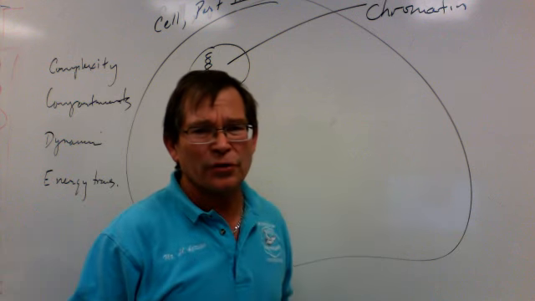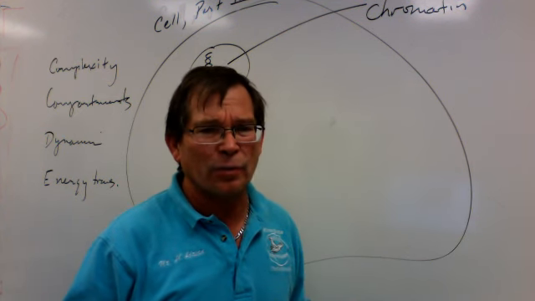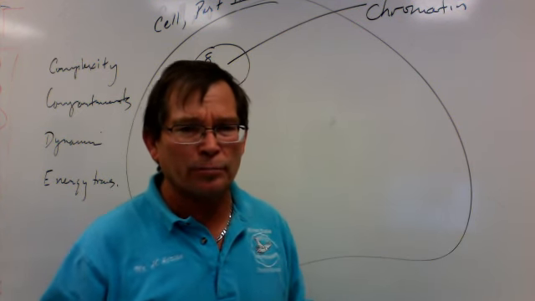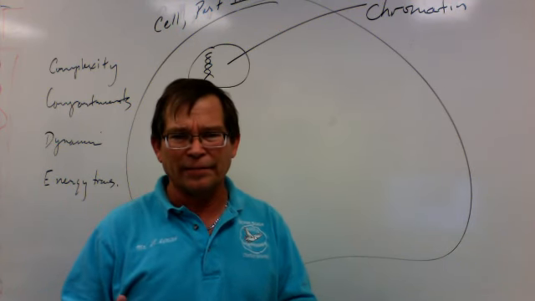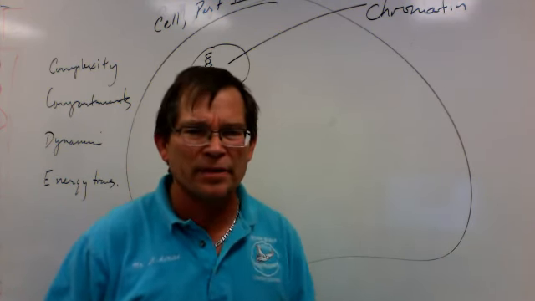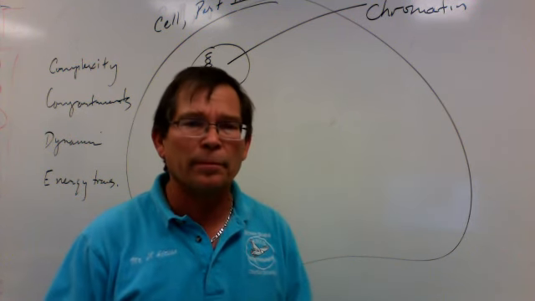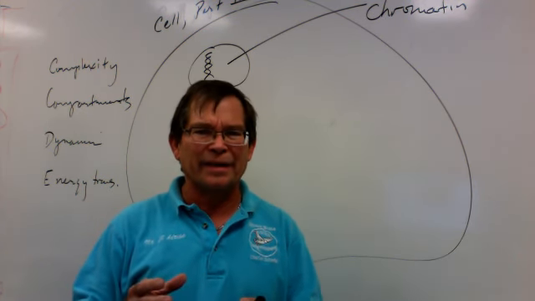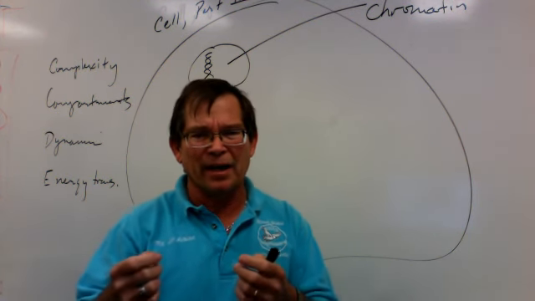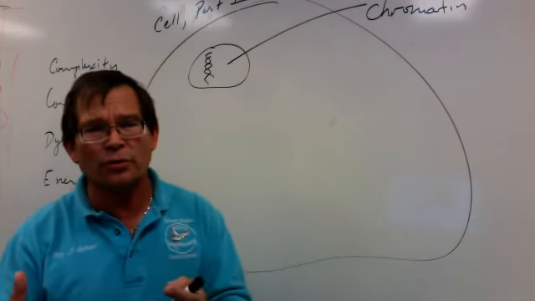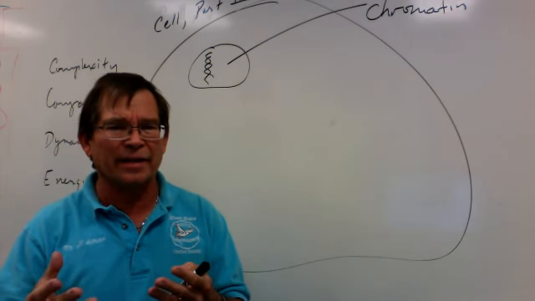DNA is packaged in the nucleus in a very specific way, by proteins known as histones. There are 4 basic types of histones that make up what's called a nucleosome. The DNA double helix is actually wrapped around this body, and that is the first order of the packaging of DNA.